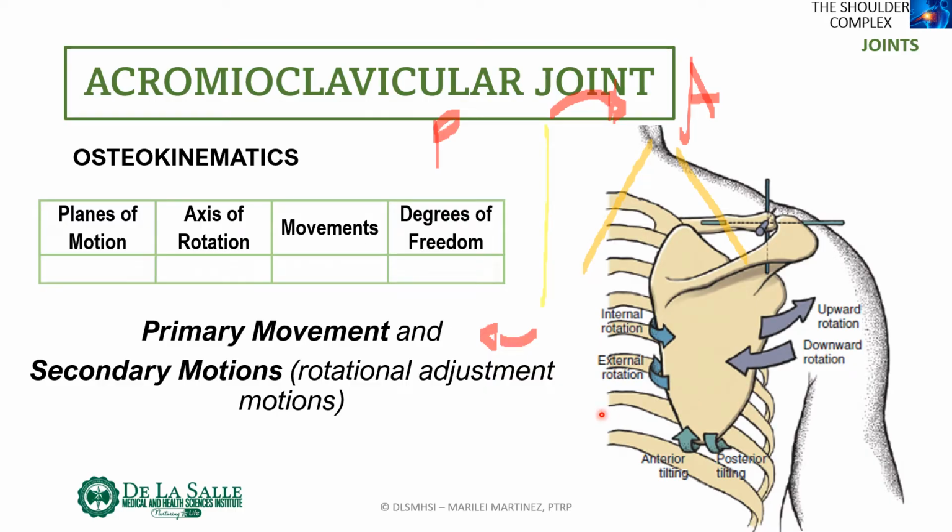But the secondary motions, or the rotational adjustments, are needed, meaning there should be adjustments within the acromioclavicular joint for it to perform its total amount of motion. And again, these adjustments will be in the form of internal rotation, external rotation, anterior tilting, and posterior tilting of the scapula at the acromioclavicular joint. Therefore, overall, we have 3 degrees of freedom for the acromioclavicular joint.